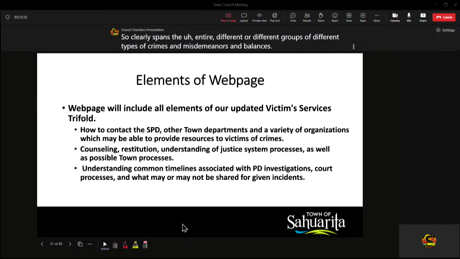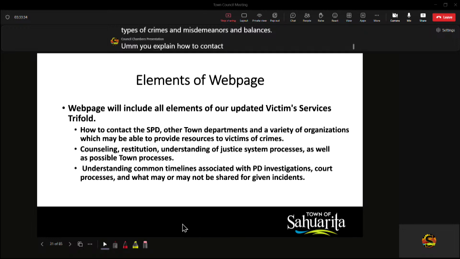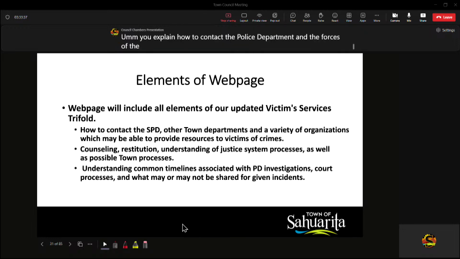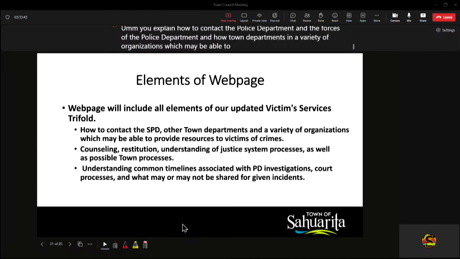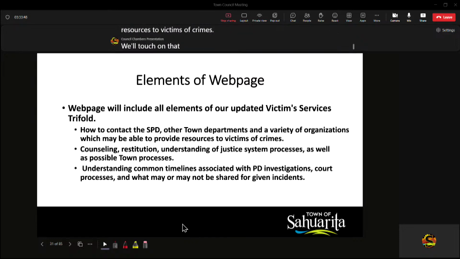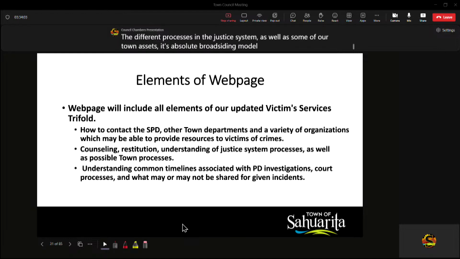It'll explain how to contact the police department, different portions of the police department, and how town departments and a variety of organizations which may be able to provide different types of resources to victims of crimes. It'll touch on counseling, restitution, understanding of the justice system, which is really quite complex, the different processes in the justice system, as well as some of our town processes, such as roadside memorials, etc.